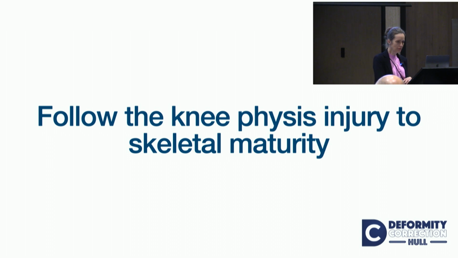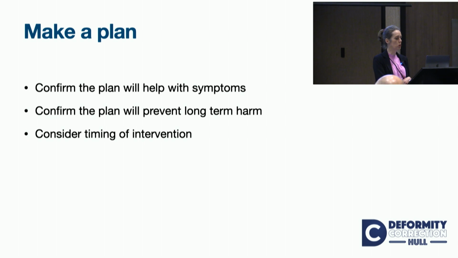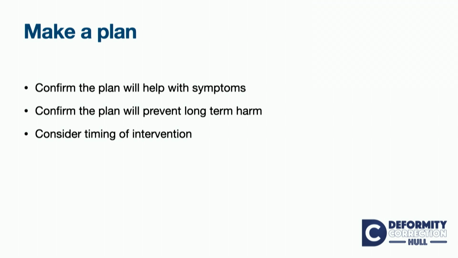And when you've done all that, it's back to what we've been doing all week. Make a plan. Just take your time to confirm that your plan is going to help with what the patient's needs are, what their symptoms are. And sometimes in kids, it's confirming that that plan is going to prevent long-term harm. I think that's true in adults as well.